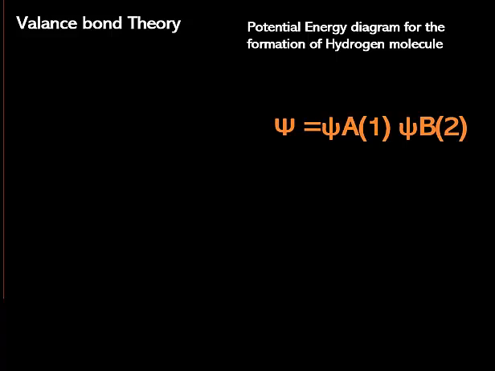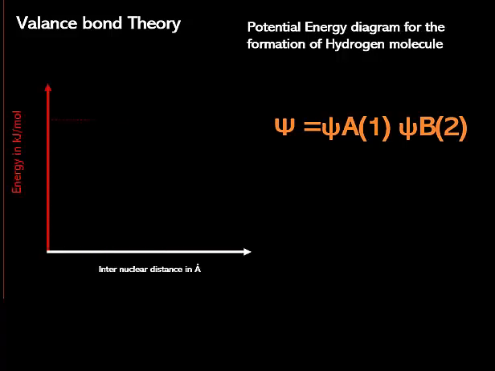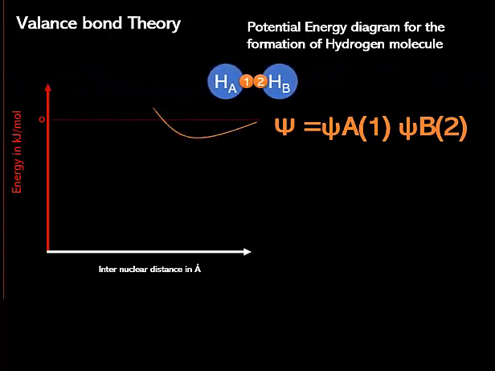When the two H atoms are at a very large distance from each other, there is no interaction between them, and the energy of the system is close to zero. When the atoms are brought closer and closer to each other, the energy of the system starts decreasing and becomes negative till a certain minimum value is reached.